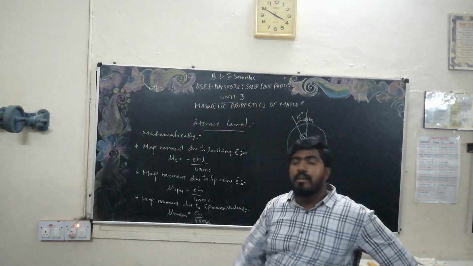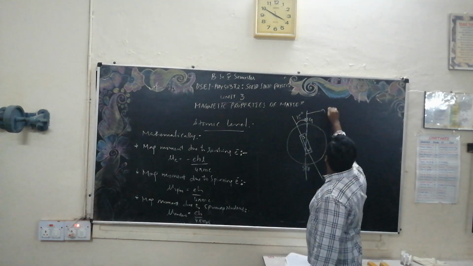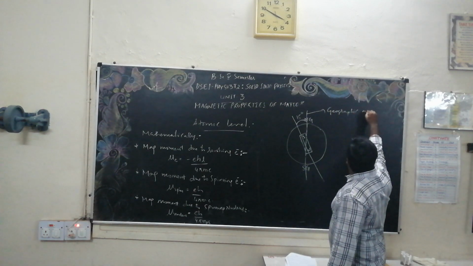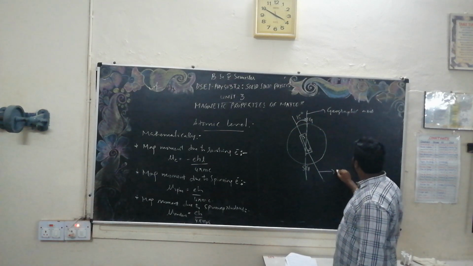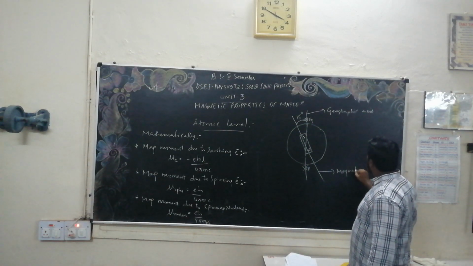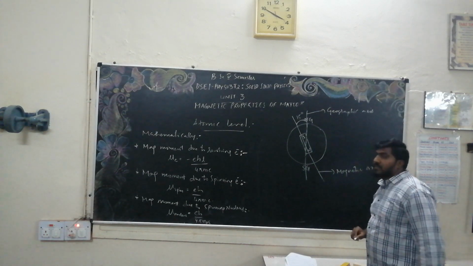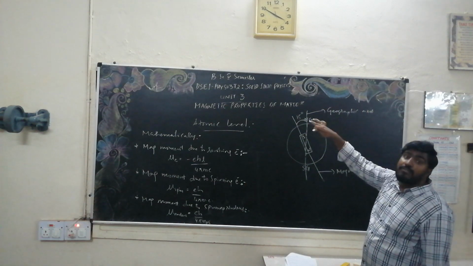This is the magnetic axis of the bar magnet, and this is the geographic axis of the Earth.